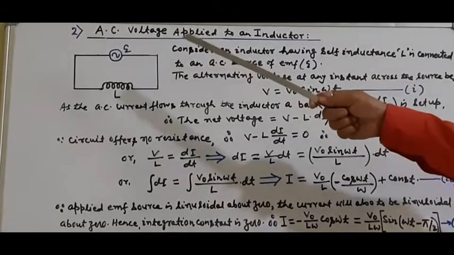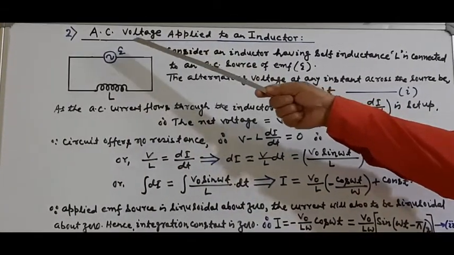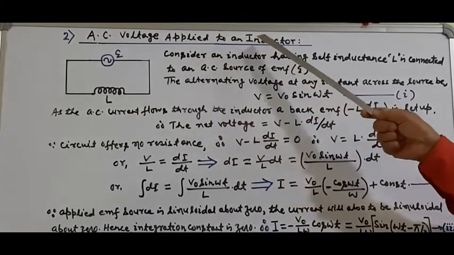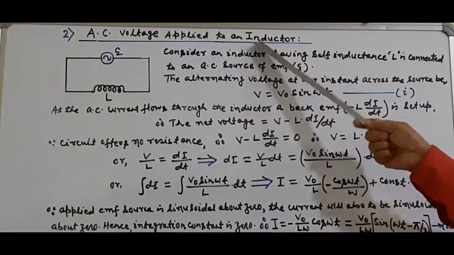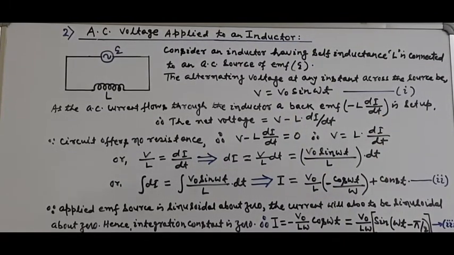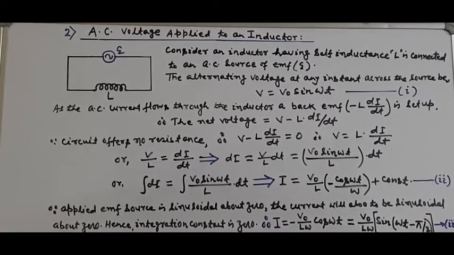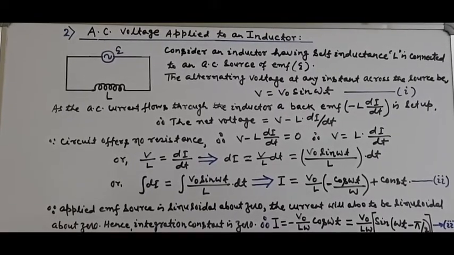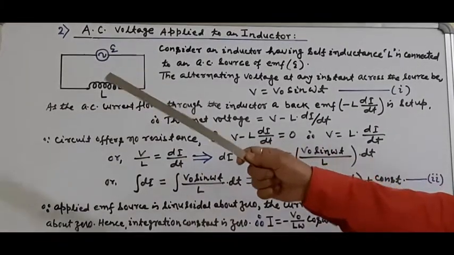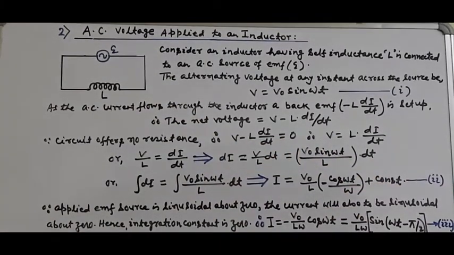Now we will discuss the second circuit, that is AC voltage applied to an inductor. Students, about inductors, we know that inductors have appreciable resistance in their windings, but we shall assume this inductor has negligible resistance.